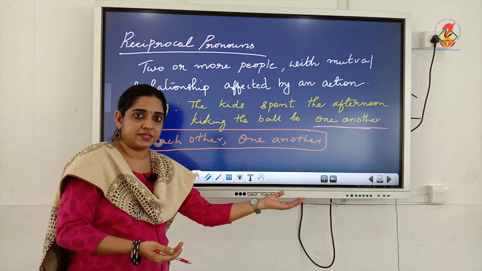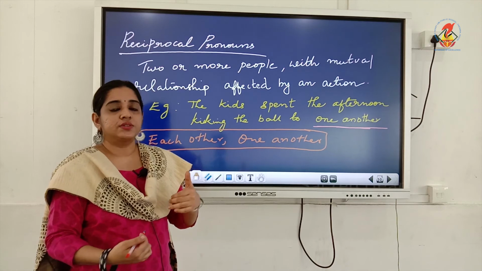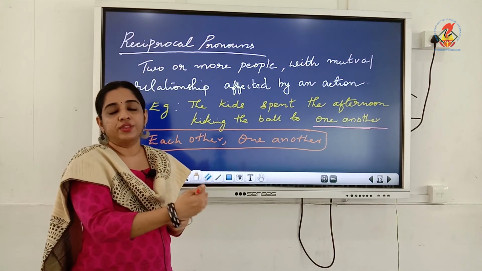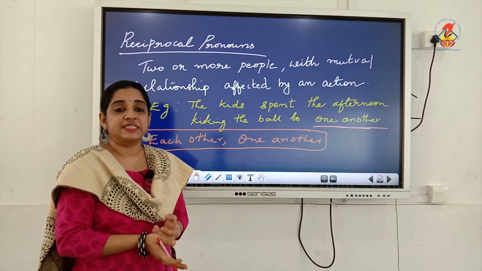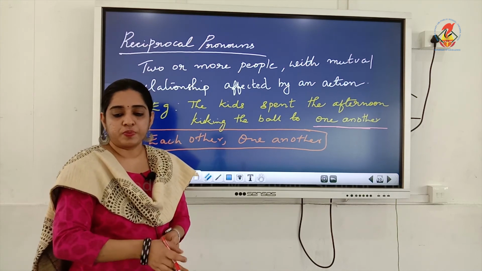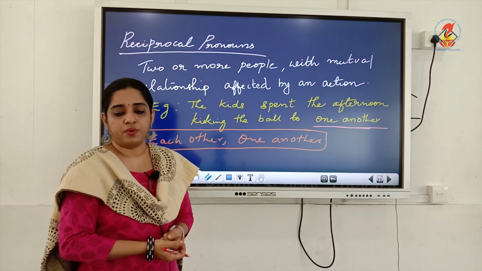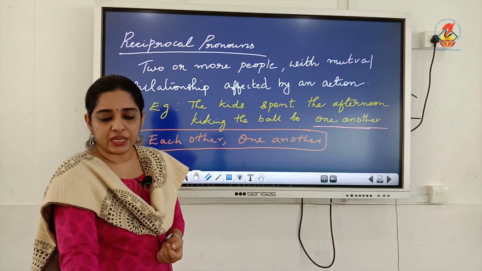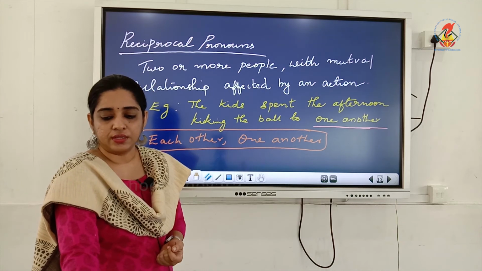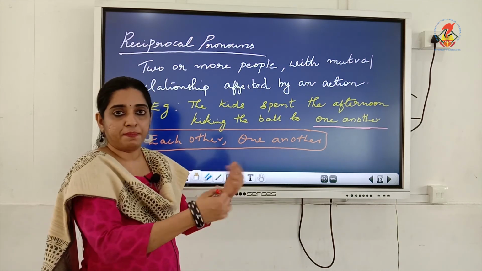That means one person is getting, one person is doing. So like that, two people or more than two people are involved in some actions which happen at the same time. Those pronouns are called reciprocal pronouns. See the example, Jack and Jill help each other. That means they are helping each other.